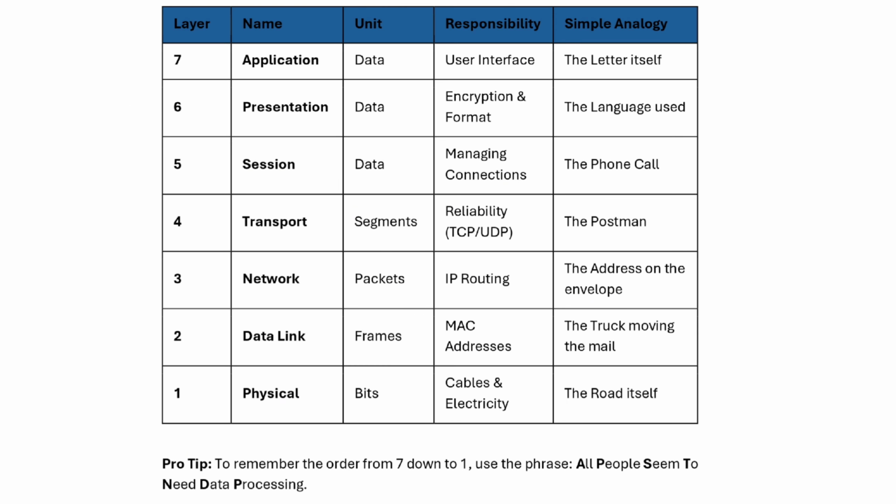The table shows layers 7 to 1 and their names: application layer, presentation layer, and so on until the physical layer. The unit shows the data from presentation to application to session, and in transport it is segments. The data is converted into segments, and in the network layer the data is converted into packets, in data link it is frames, and in physical it is bits.